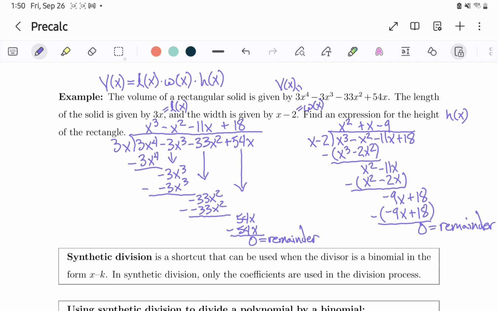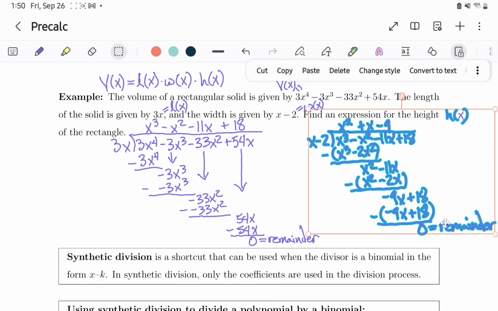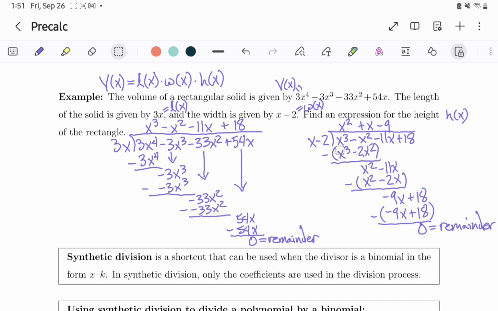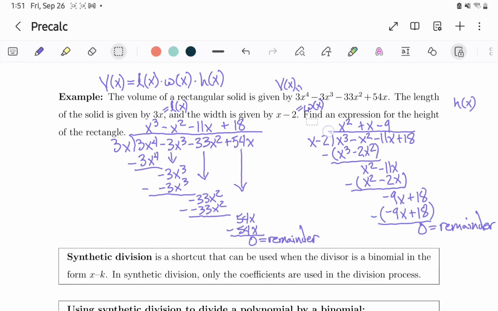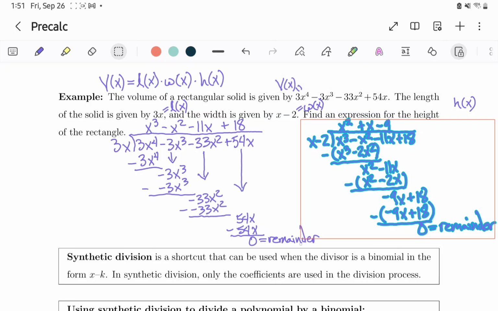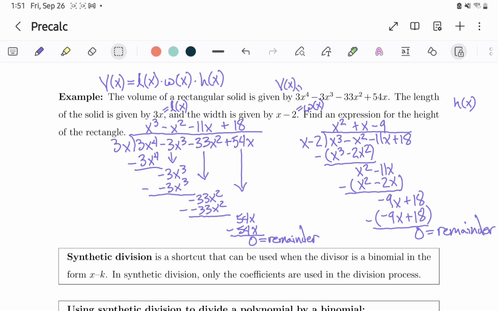And this polynomial that we have on top here, our quotient, in this second division, so x squared plus x minus 9, is going to be our expression for h of x.